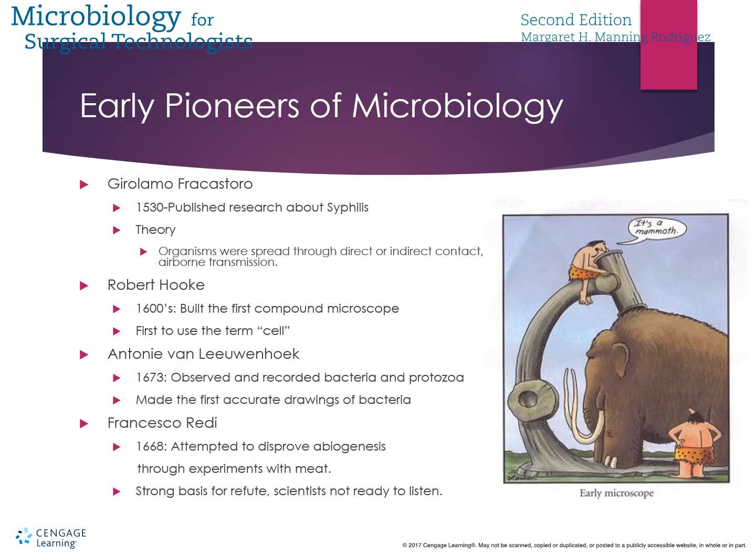Okay, so now we're going to cover a little bit of history, so stay with me now. We're going to start by talking about a gentleman named Fracastoro. In 1530, Fracastoro published some research regarding syphilis. And then in 1546, he published these findings in a paper he called On Contagion and Contagious Disease.